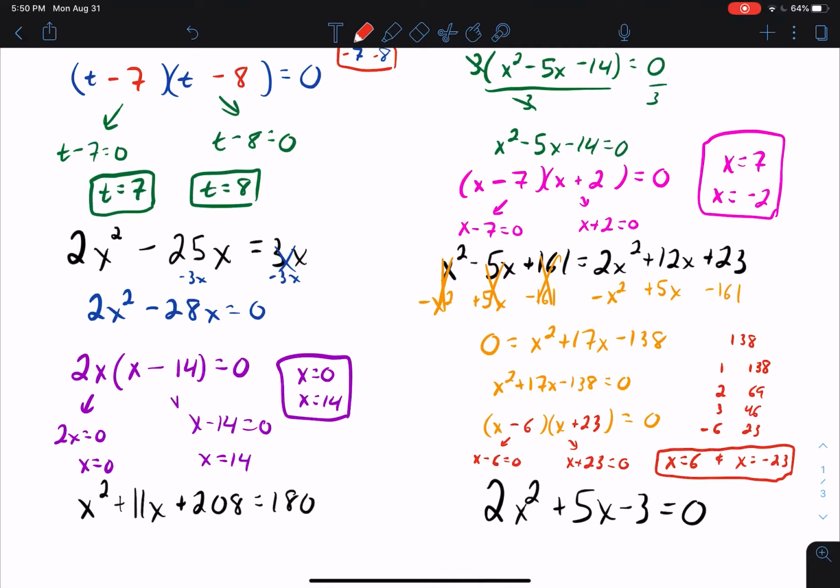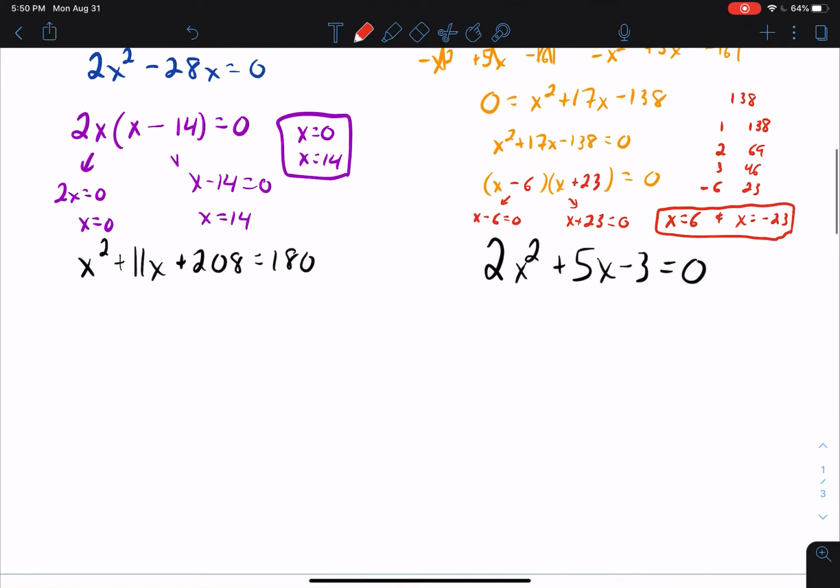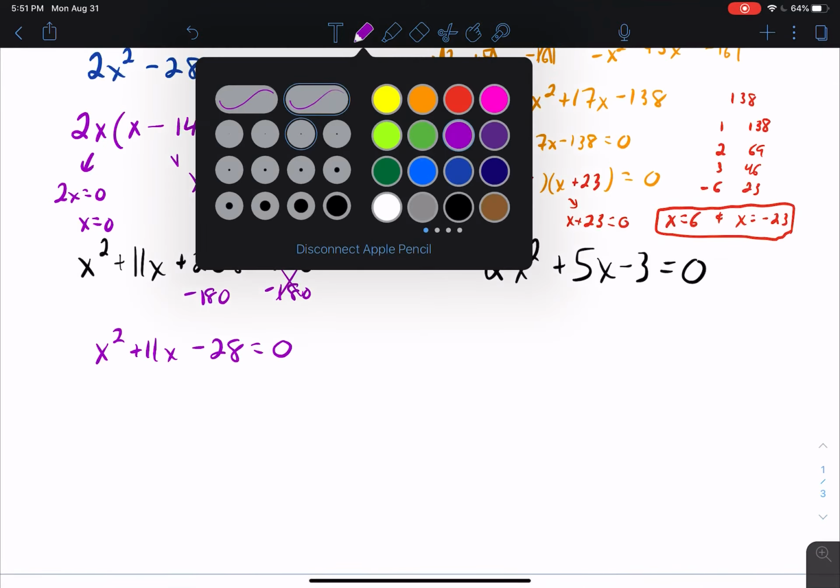All right, we got two more examples. In this next one, x squared plus 11x plus 208 equals 180. Got to set it equal to 0. Subtract 180 from both sides. So I'll have x squared plus 11x plus 28 equals 0.